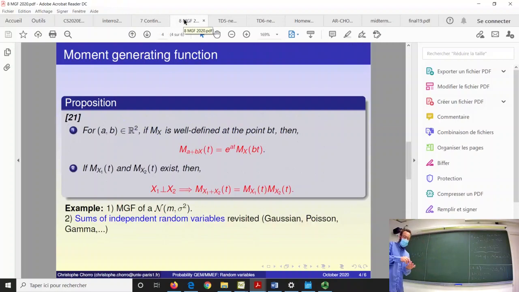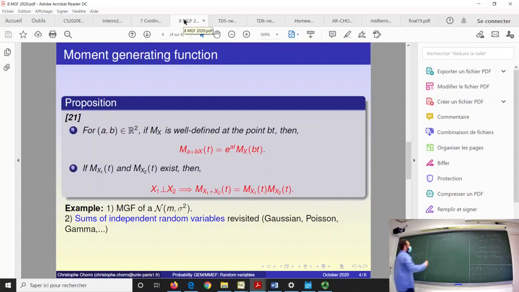The sum of gammas. So I consider the statement, the exercise or example. I consider X1 that follows the gamma A, lambda. I have an X2 that follows the gamma B, lambda.